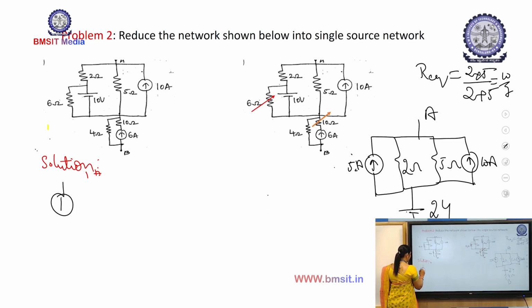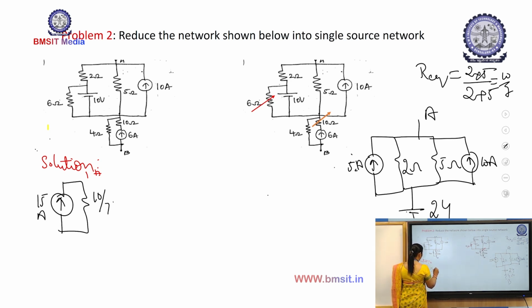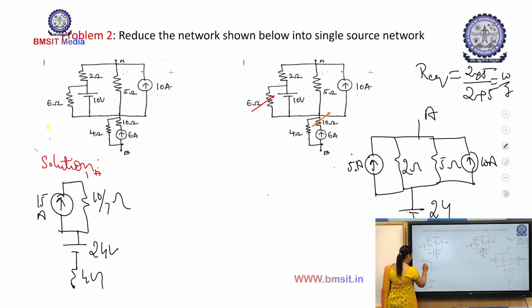The resultant is a 15 amps current source, then 10 by 7 ohms, then a voltage source of 24 volts followed by 4 ohms between the terminals A and B.